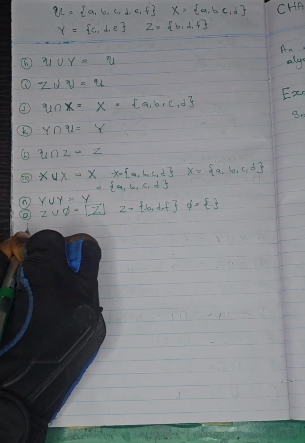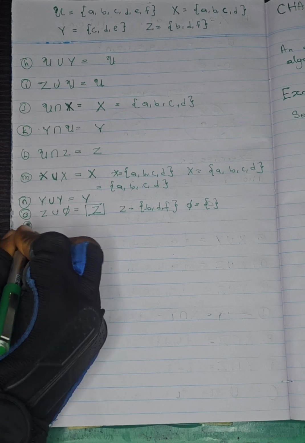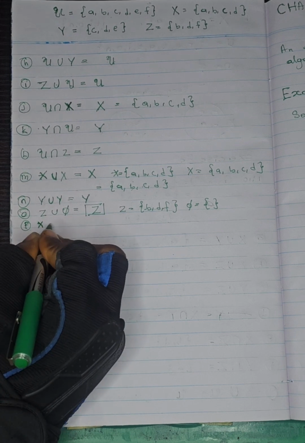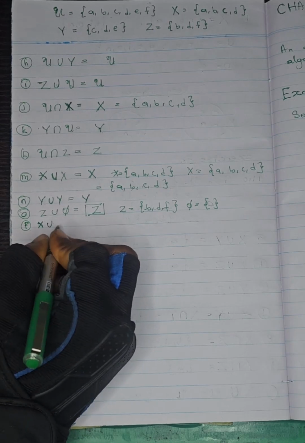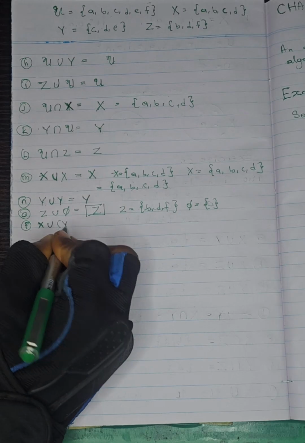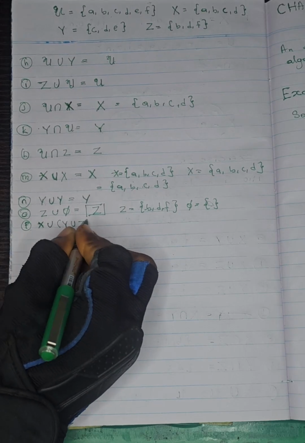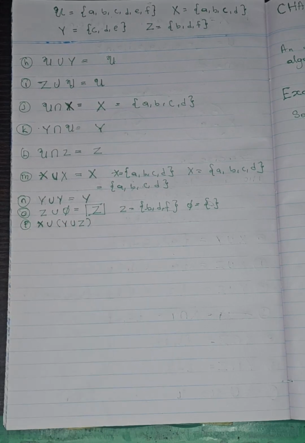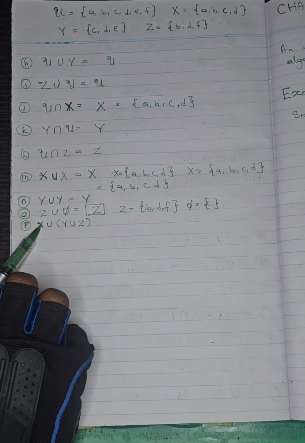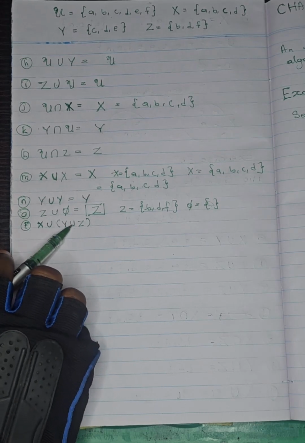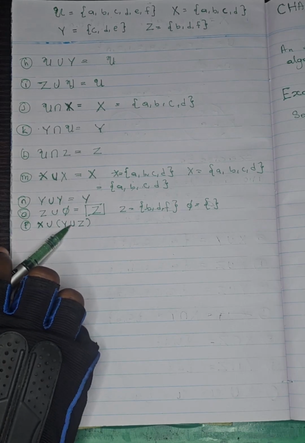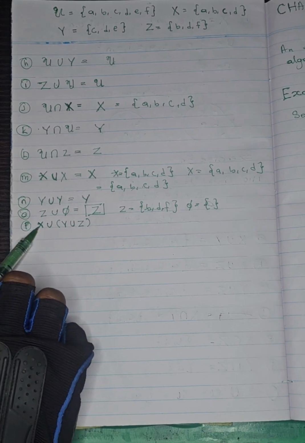So the next one is P. P is X union Y union Z. Now, you have been told to look for the union of X, Y, and Z. Normally in basic maths, we solve the bracket first before solving outside the bracket.